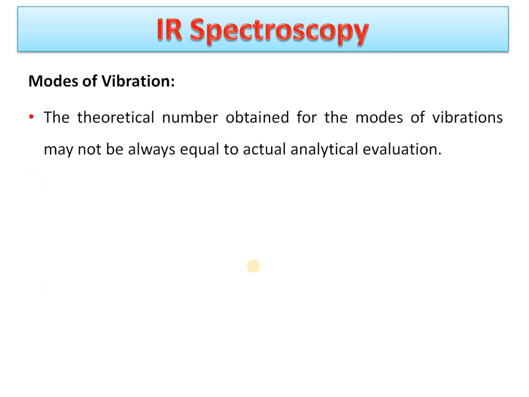Further, the theoretical number obtained for the modes of vibrations may not be always equal to actual analytical evaluation. That means if you calculate the modes of vibration, that may not be always equal to the actual peaks obtained in the IR spectra, IR graph, and that may be due to the symmetry in the molecule.